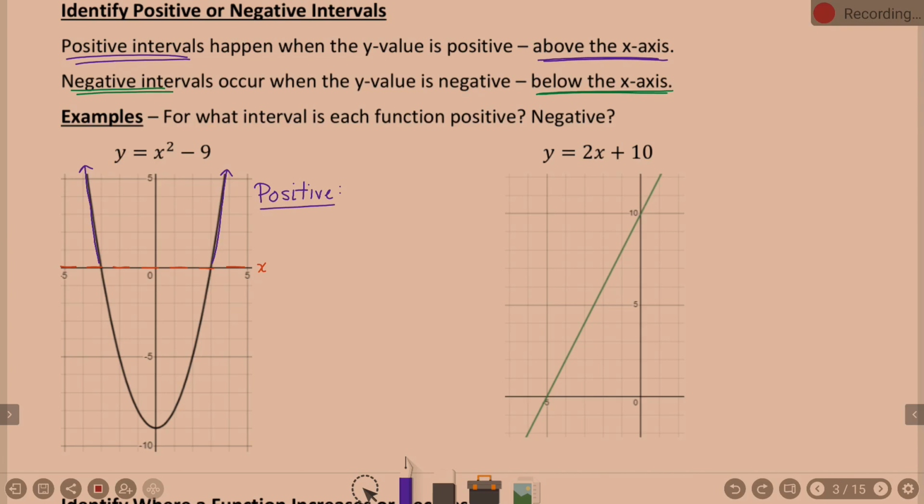Now, when it says for what interval is each function positive or negative, when it asks for what interval, we're going to do this in terms of x values. Okay? So, in terms of x values, well, what x value is important here?